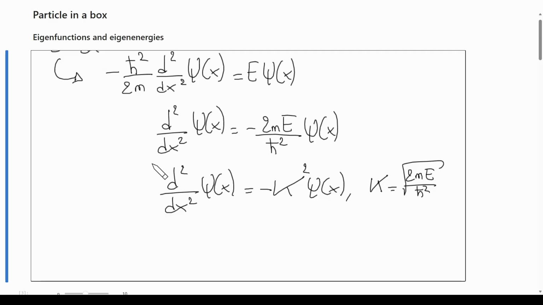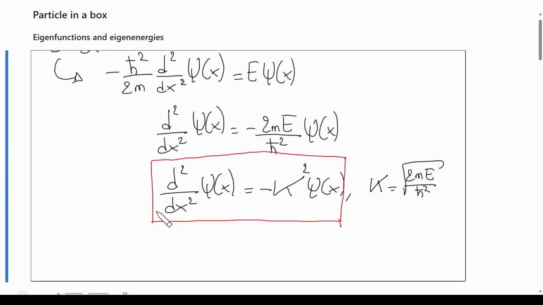And this is the equation that we have to solve in order to find the wave function of the particle in the box, which will give us the allowed behavior of the particle in the box.